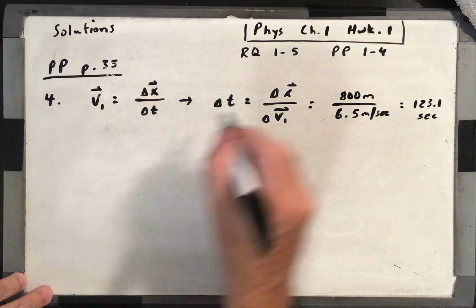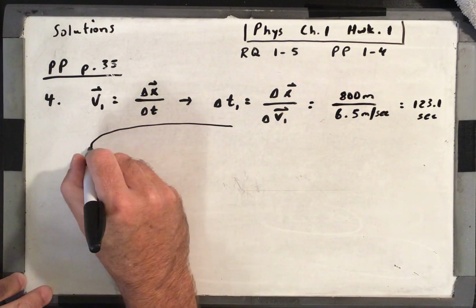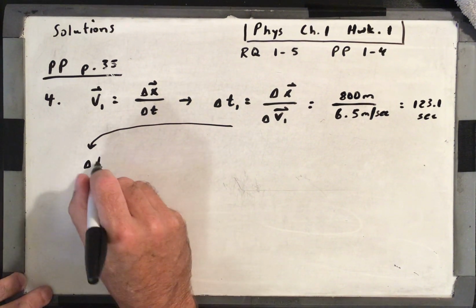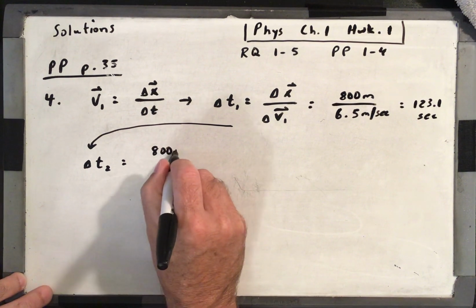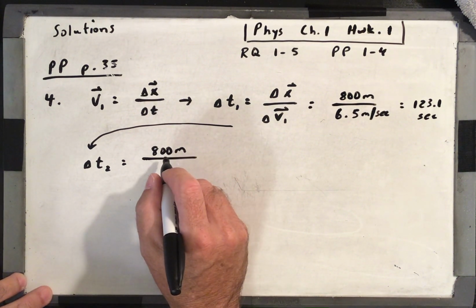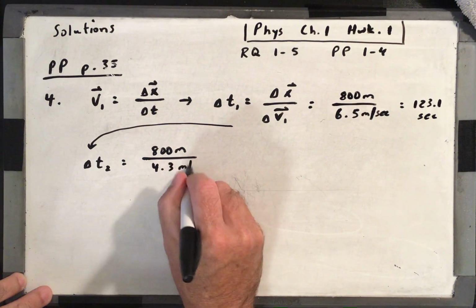And so that's time one. Time two, I'm going to just use this same equation. I won't do the algebra again. That's going to be 800 meters, and our velocity for the second leg of the race is 4.3 meters a second. So slow down.